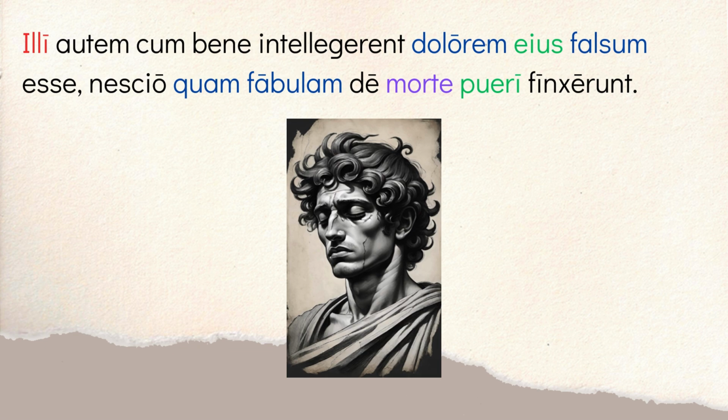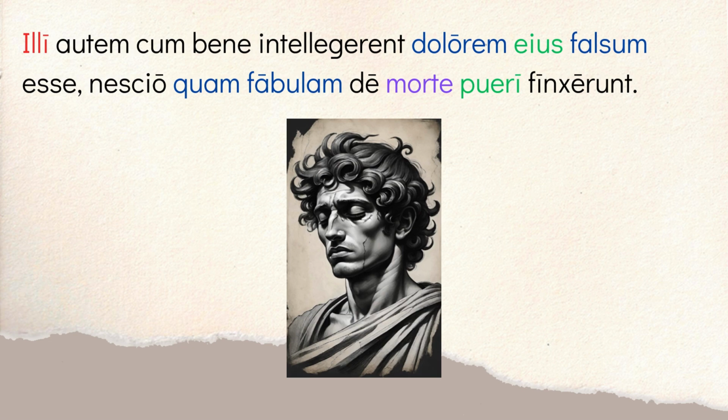Since they understood that his sadness was fake, they finxerunt. It means like they made up, right? Is kind of the idea. They made up, and then you have this interesting phrase of nescio quam fabulam. So you can translate this in commentaries to do it. It means like I don't know what is kind of one way to do it. They made up I don't know what story.